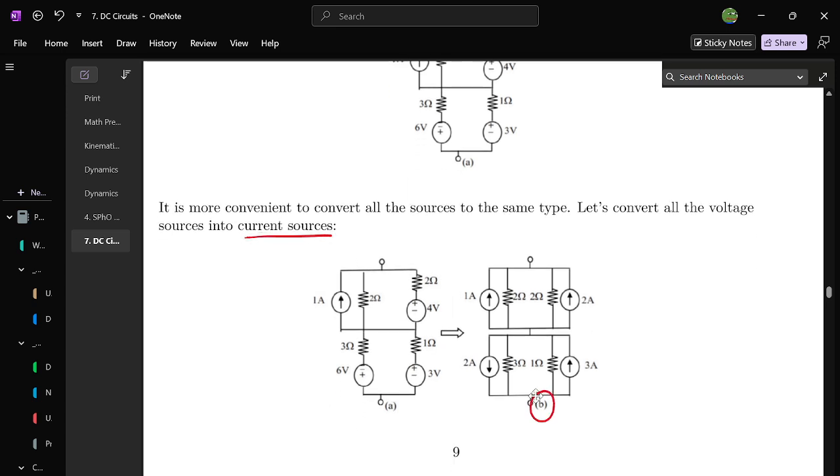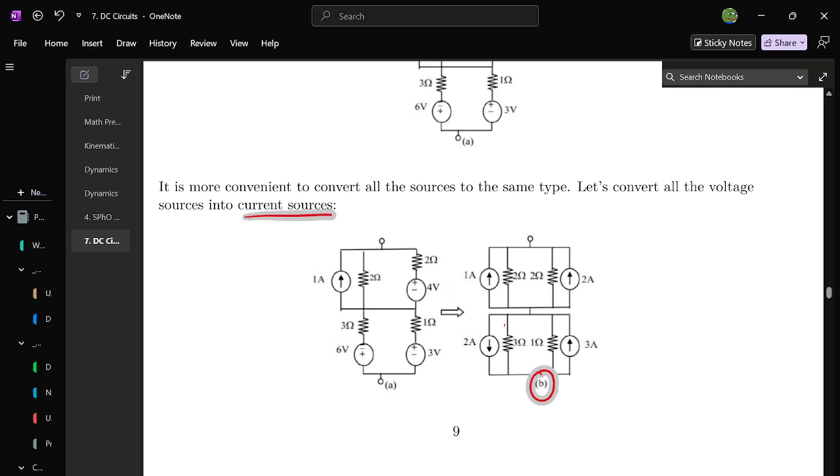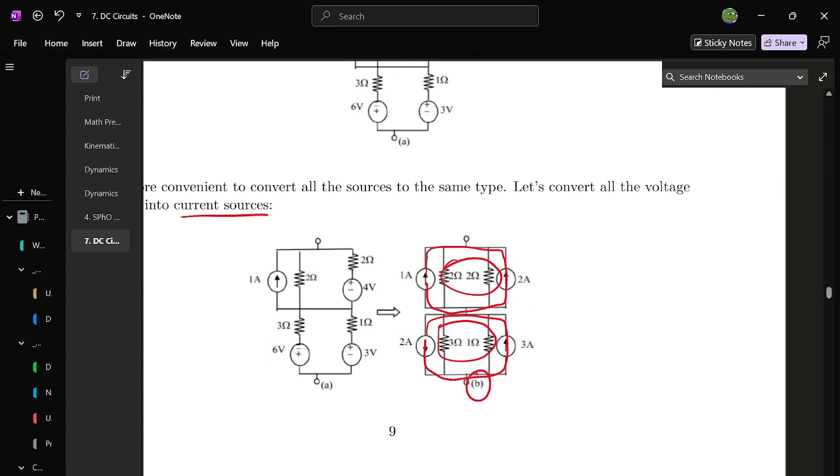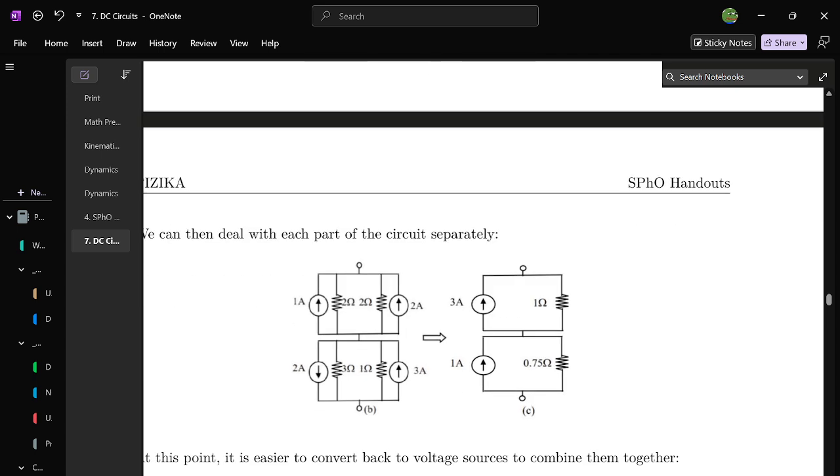Then you get this circuit here. Now when everything's a current source, things become easy to add because first of all, your resistances are in parallel. Second of all, your currents just add like that in the big loops outside. So you can deal with each part of the circuit separately, and you get this, and you get this.